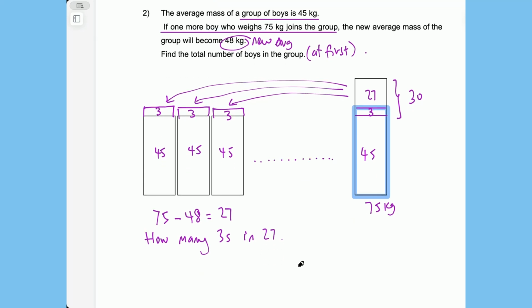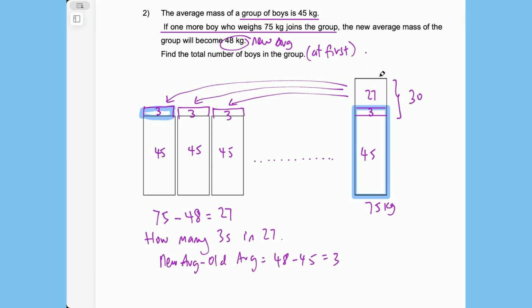Okay, so what we do is we take the new average minus the old average. That's 48 minus 45, that's 3. Okay, so this 3 is here. So each of the original boys increased by 3.